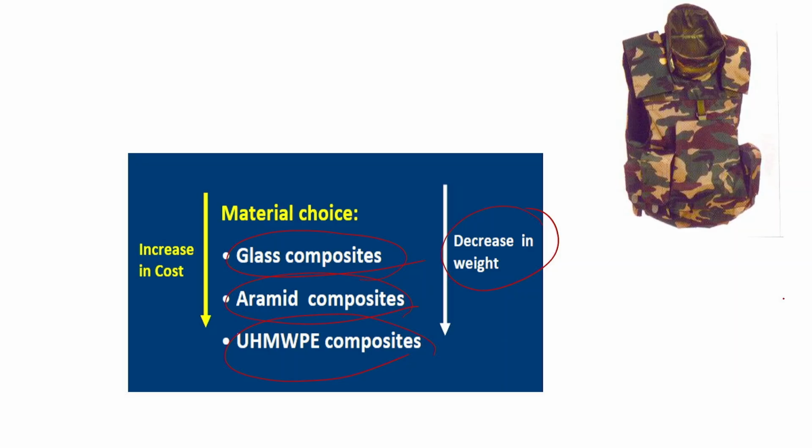So, for the same garment, if we produce from glass composite, that will be heavier, aramid composite will be lighter than that, and ultra high molecular weight polyethylene will be the lightest because the density is lower. But if we want to consider the cost, it also increases with the decrease in the weight. So, that we have to balance in the material.